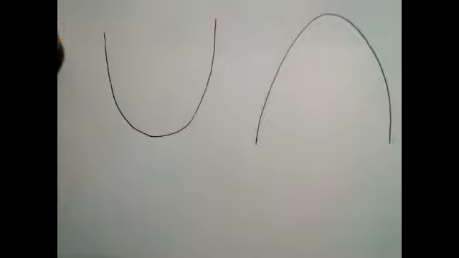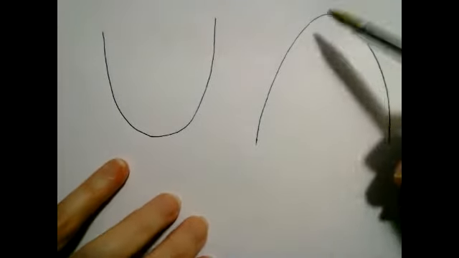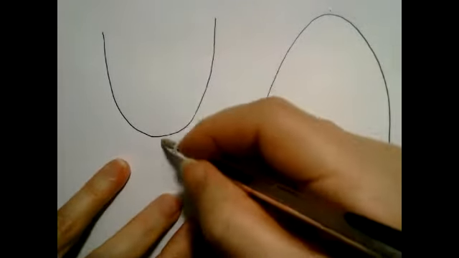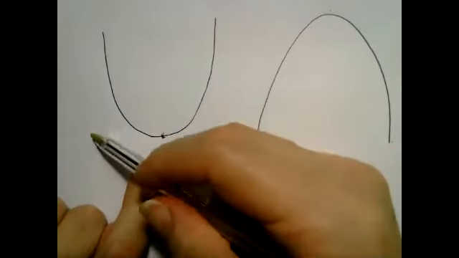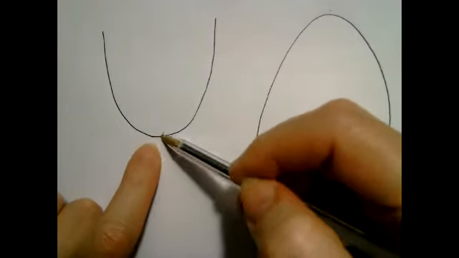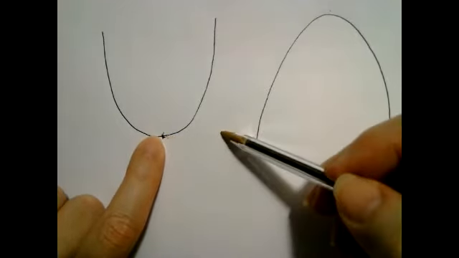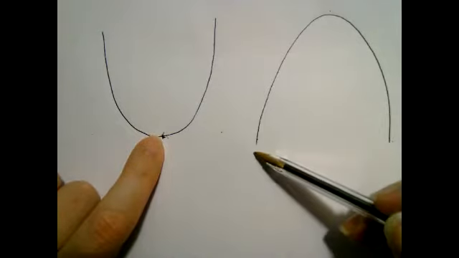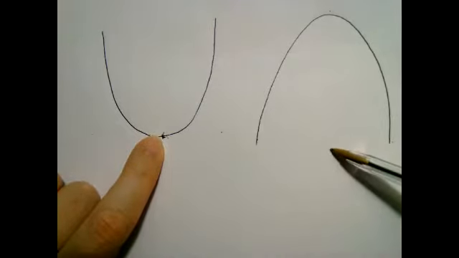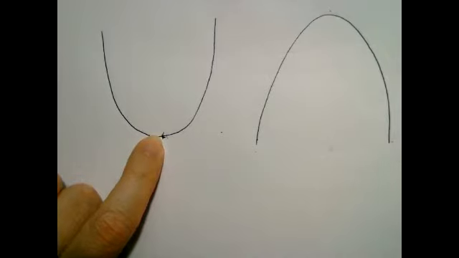Now, f prime in this case, up to here, is negative. The derivative is negative up to here, and it is positive up to here. The derivative is positive up to here, and it's negative up to here.